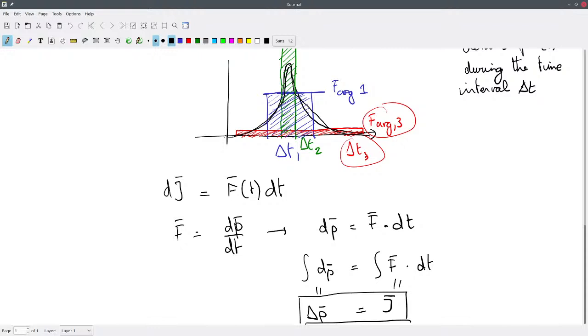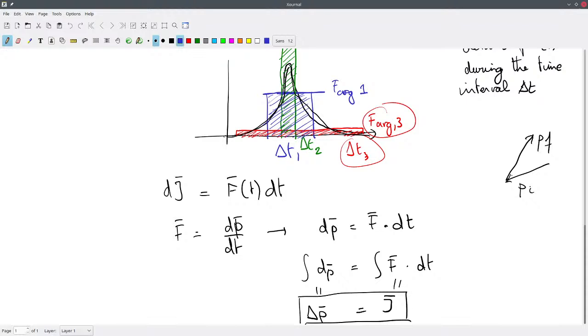So in the case of a baseball, let's say we have an incoming momentum P initial, then we know there's going to be an outgoing momentum P final. So the change delta P, what am I doing here? That's the wrong direction. So the change to get from the incoming momentum to the final momentum, that is going to be the impulse.